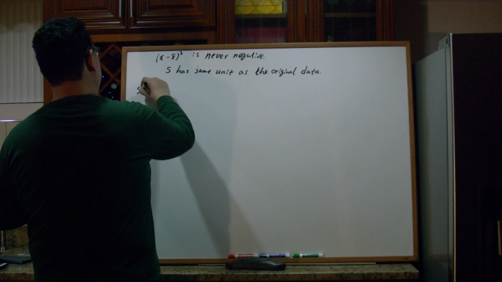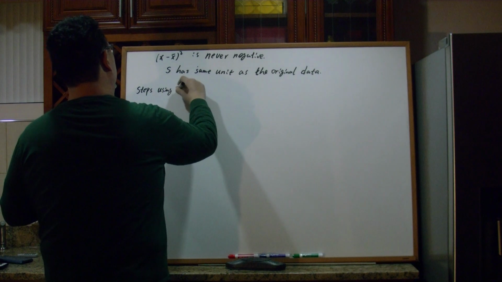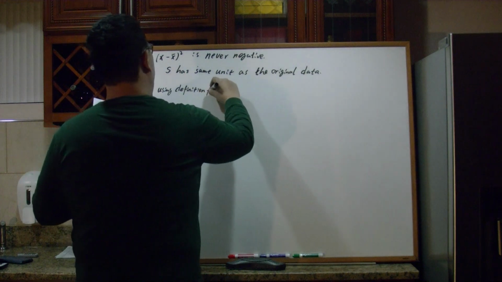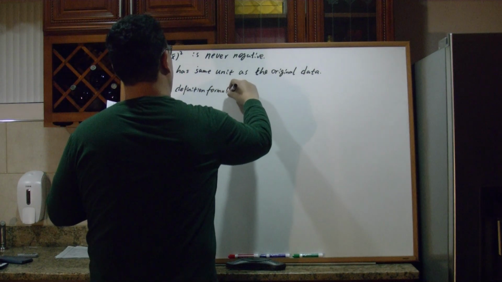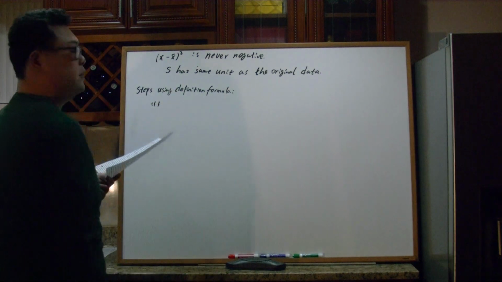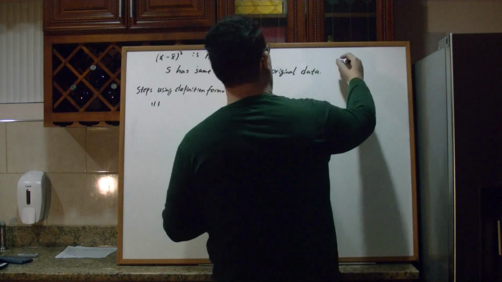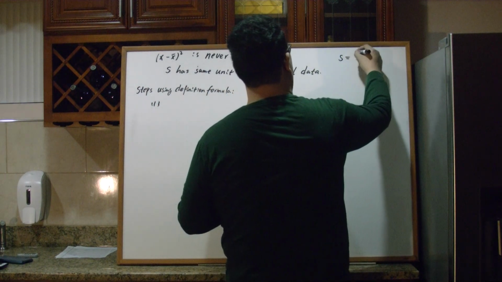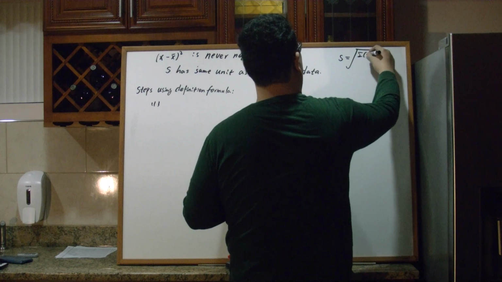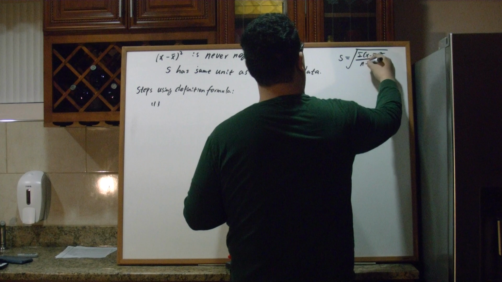Right, so steps using the definition formula. For use of the definition formula, if you still remember, that is the square root underneath the sum of x minus x bar squared over n minus 1.